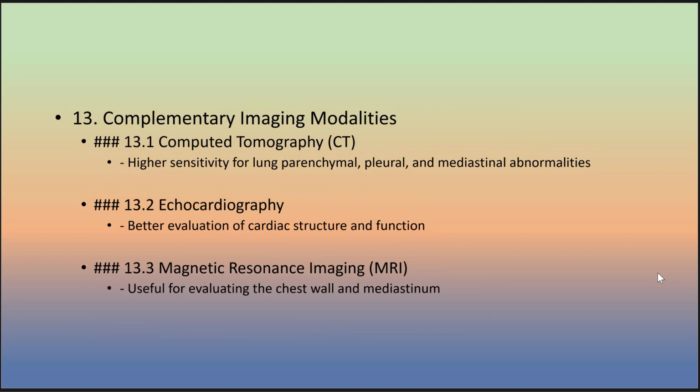Complementary imaging modalities: computed tomography has higher sensitivity for lung parenchyma involvement, pleural involvement, and mediastinal abnormalities. Echocardiography gives better evaluation of cardiac structure and function. Magnetic resonance imaging is useful for evaluation of the chest wall and mediastinum.